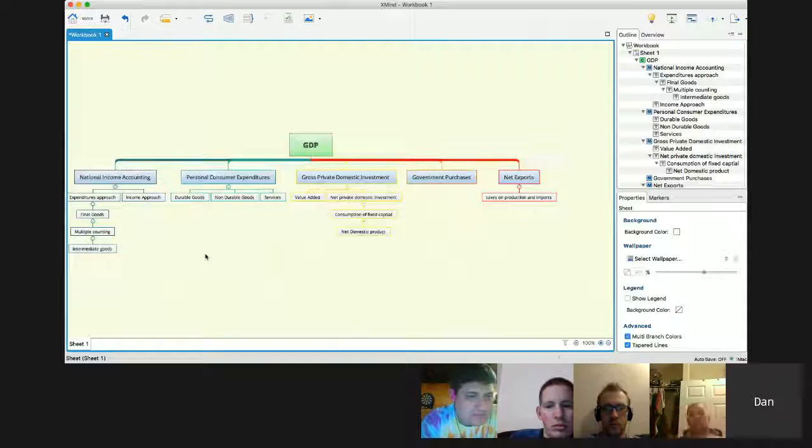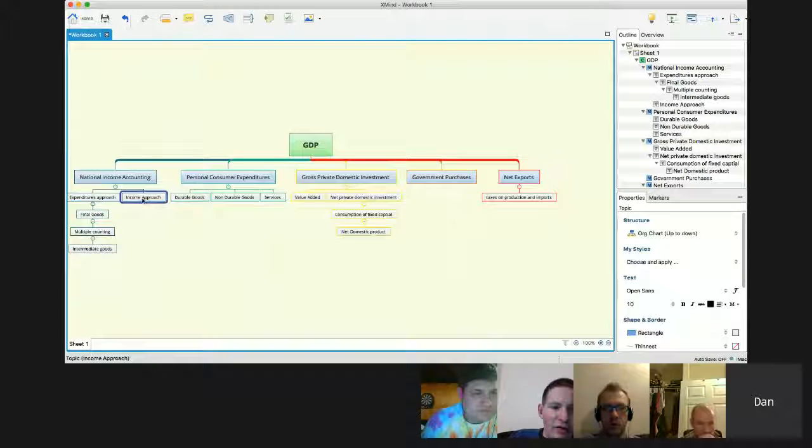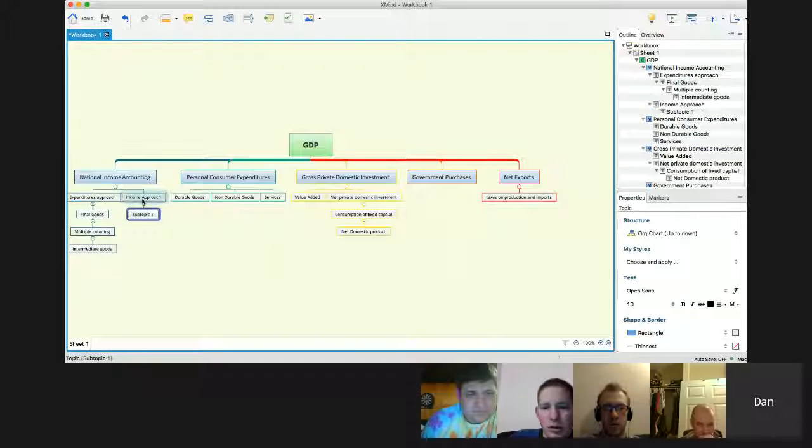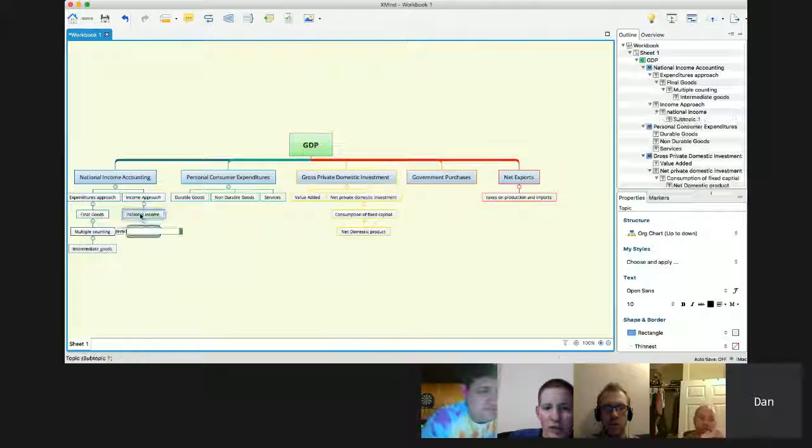Sure, because that goes into it. National income goes underneath the income approach, yes. And then you could put personal income and disposable income immediately underneath that. That makes sense.